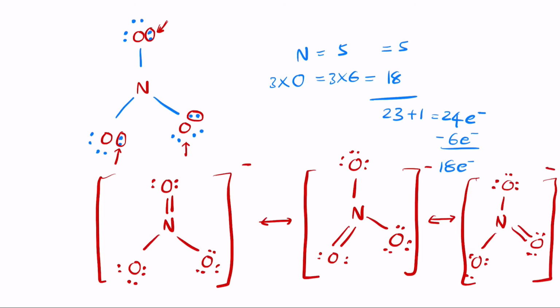So these are the three resonance structures for the ion here.